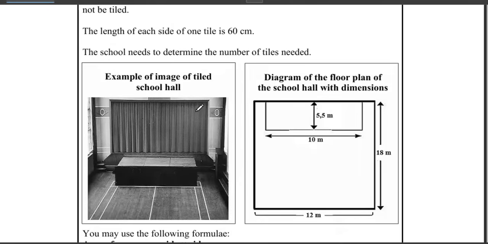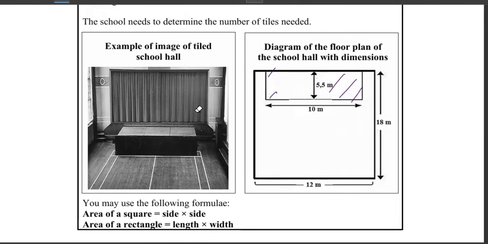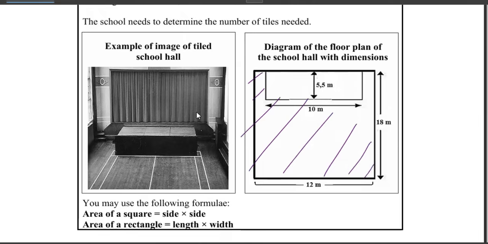Now, come here to the diagram. They are saying this part under here is not going to be tiled. You understand? This part is not going to be tiled. But this one, let me see, I think we should do it this way. The area to be tiled will be around this shape here, the one that I've shaded.